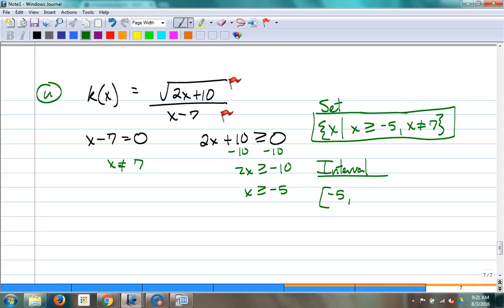So how do I jump over 7 with interval notation? So 7 is the number, parenthesis, and then I got to start after 7. Union, parenthesis, 7 to infinity. Good job, guys. You got it. You got it.